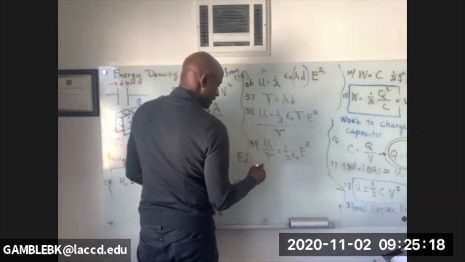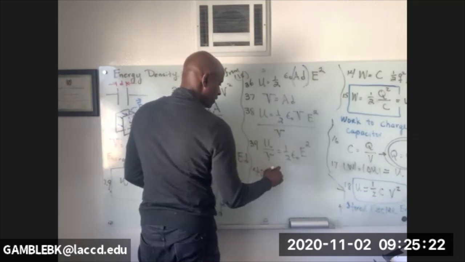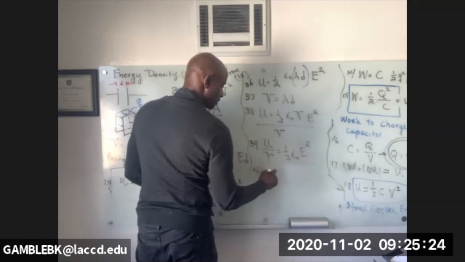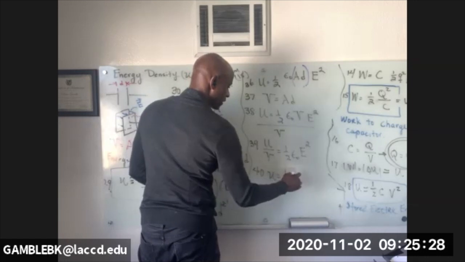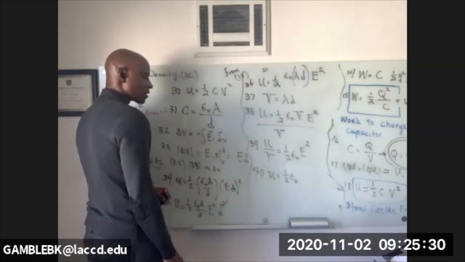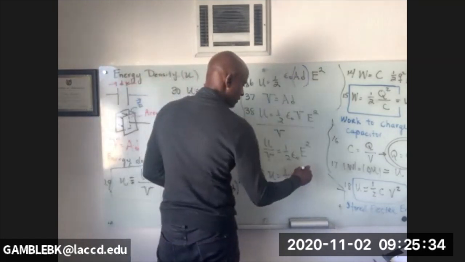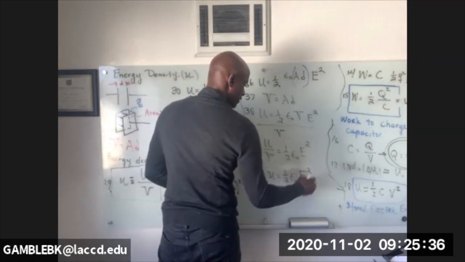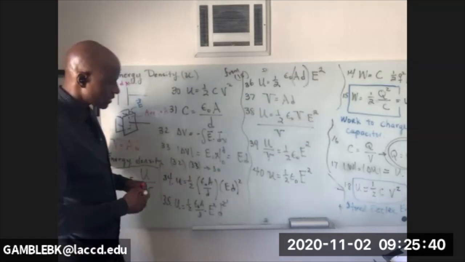So here we have the energy density stored in an electric field of a capacitor is equal to 1/2 the electric permittivity times the square of the field. So energy density goes as the square of the field. That's a big deal.